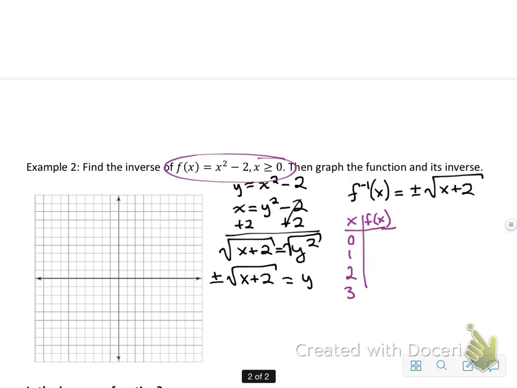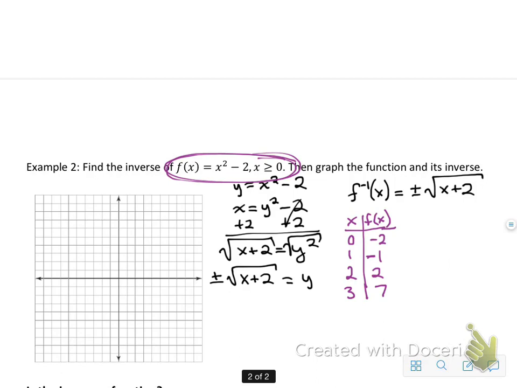So when you plug 0 in, you get negative 2, and again, we're plugging it into this function right here. When you plug in 1, 1 squared is 1, minus 2 is negative 1. 2 squared is 4 minus 2 is 2. 3 squared is 9 minus 2 is 7. So that's enough to get us a picture.